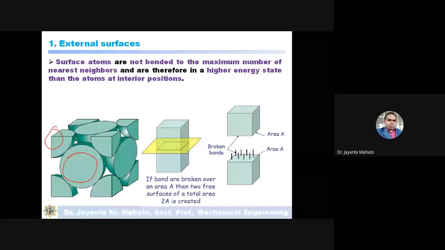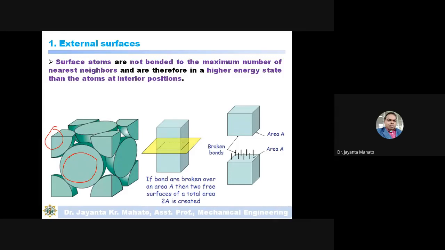So actually, these surface atoms are at a higher energy state.